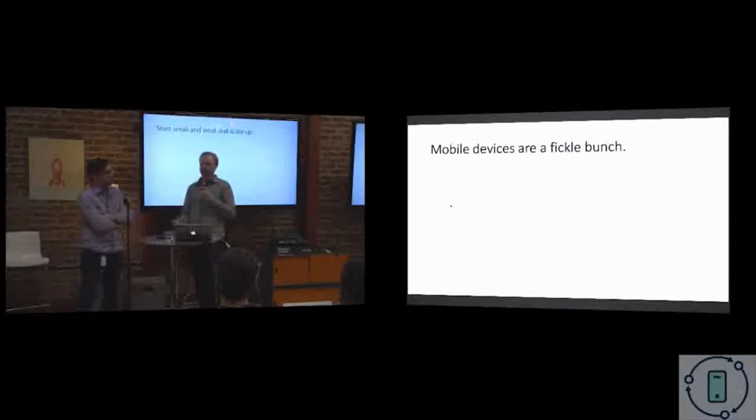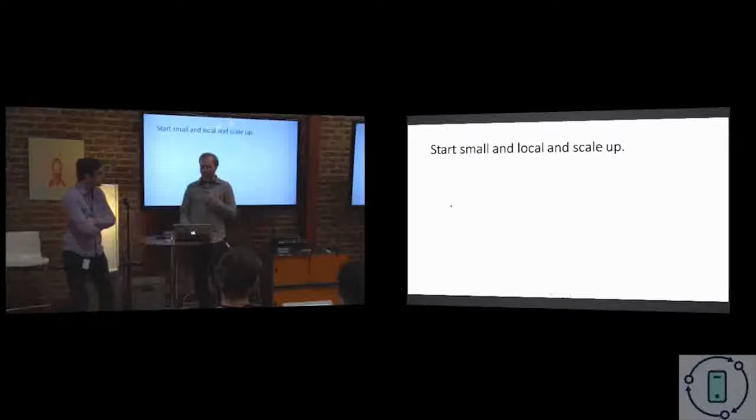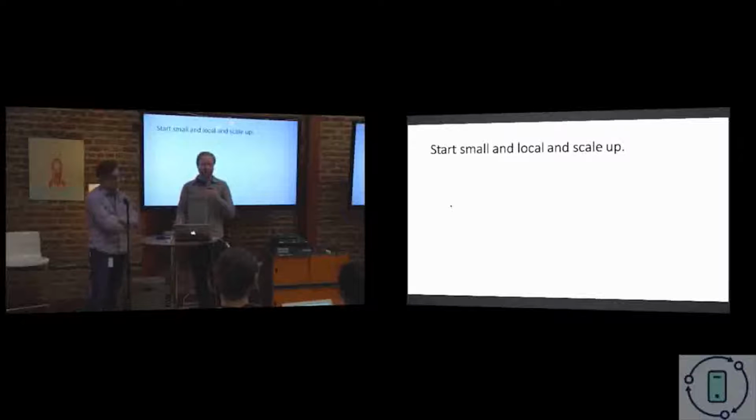So in order to address this, it's important to start small. When we say start small, test against a local emulator or simulator or a local device, just one. Get it working, then start to scale up. We oftentimes see folks run tests on all 200 devices or 100 and something devices with code that's never actually been tested at scale.